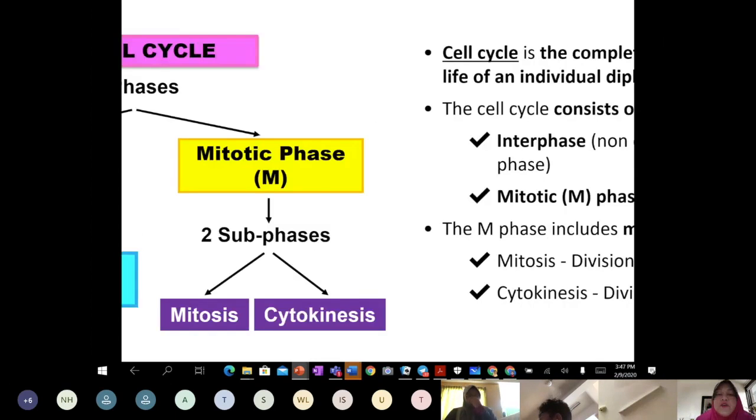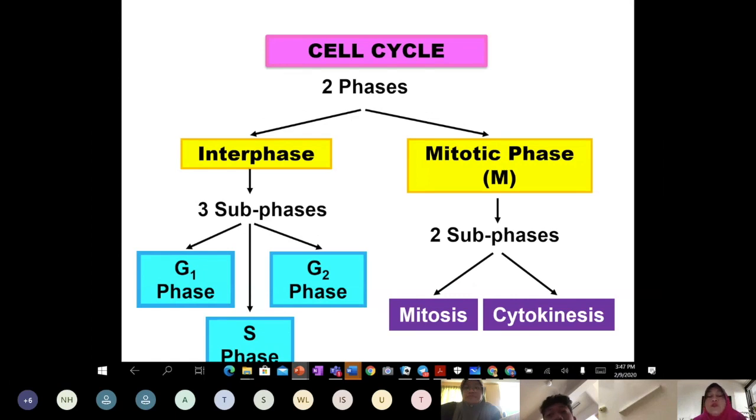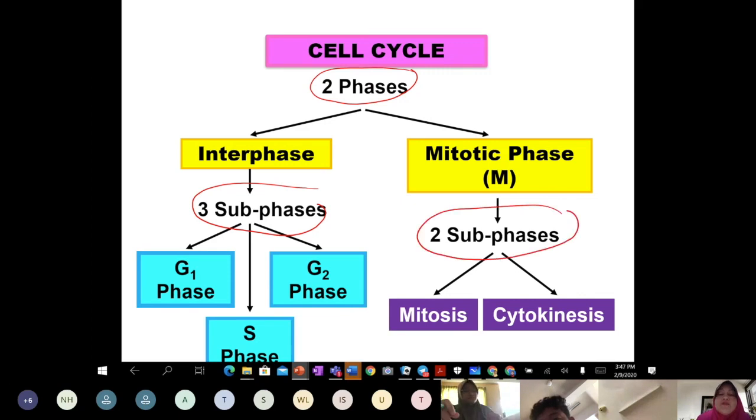As you all know, you have learned this before in matriculation. There are two phases: interphase, which has three subphases, and the mitotic phase, which has two subphases. So how many phases are there? There are 5 phases.